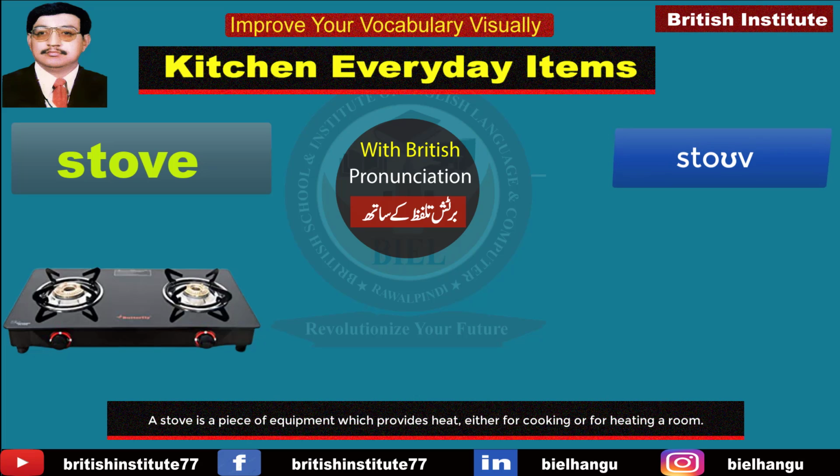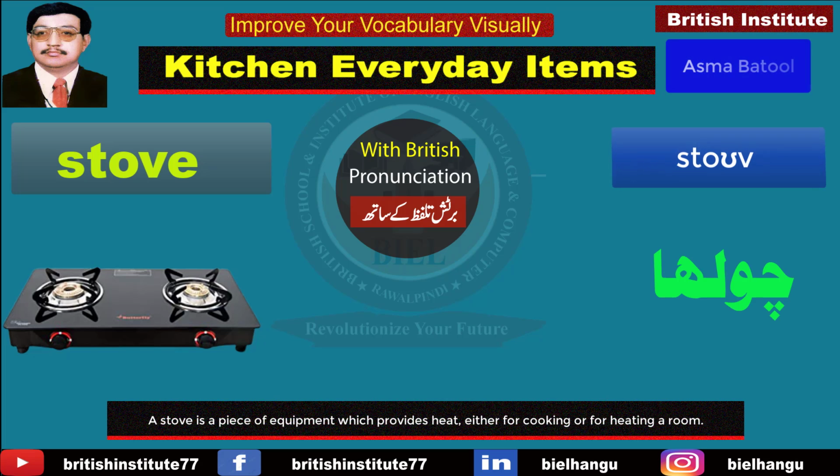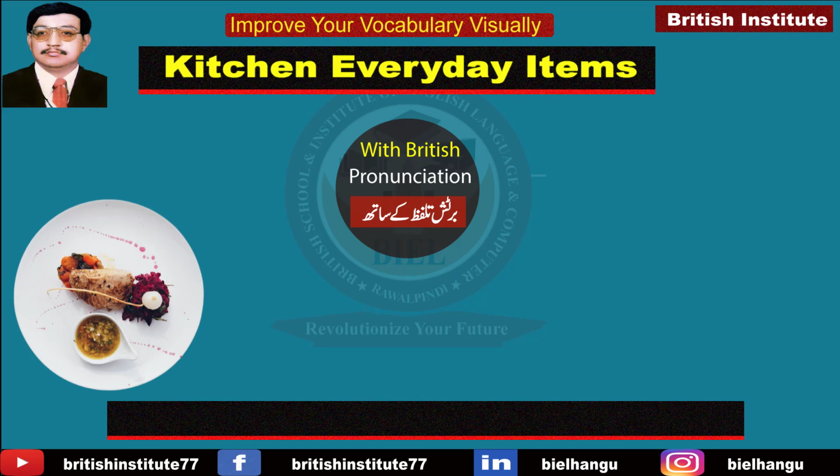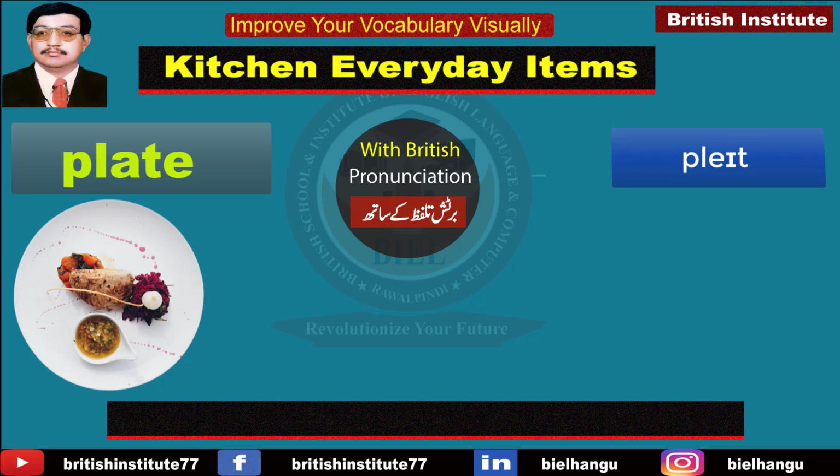A stove is a piece of equipment which provides heat, either for cooking or for heating a room. Plate. A plate is a round or oval flat dish that is used to hold food.